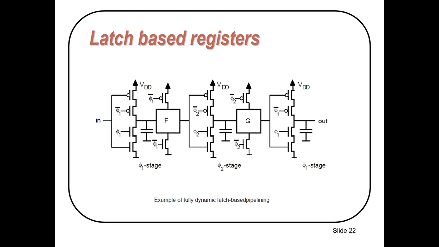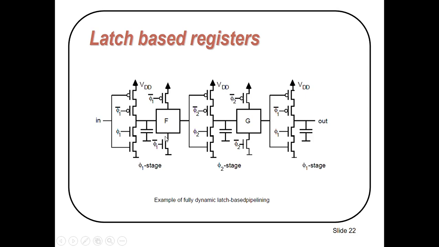Again this is an example of fully dynamic latch based pipelining. Here we have different stages like this phi 1 stage, phi 2 stage, and again this phi 1 stage. Here we have this tri-state inverter. Again, this is some logic circuitry, and we have placed a capacitor here.